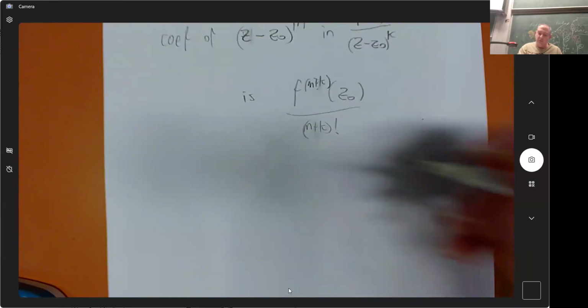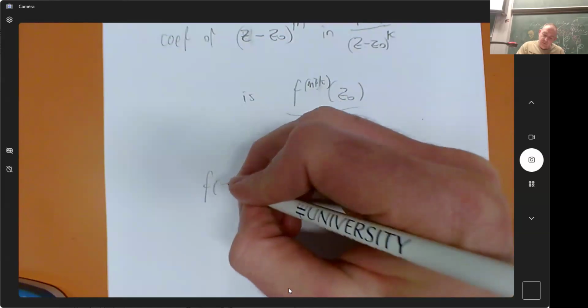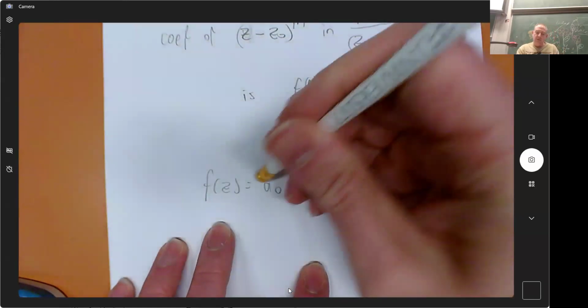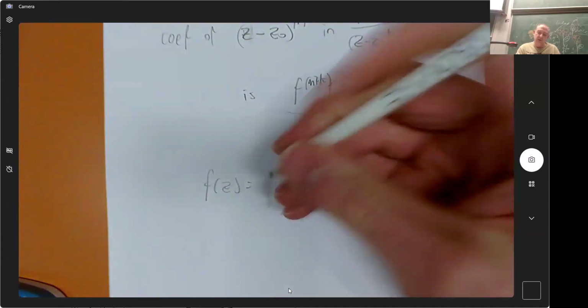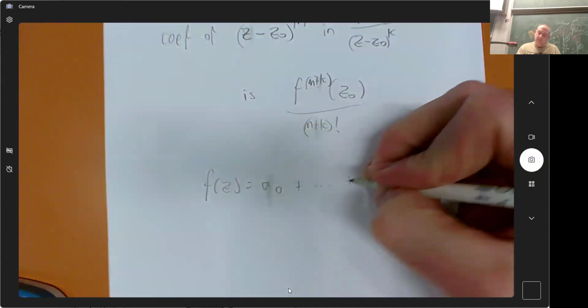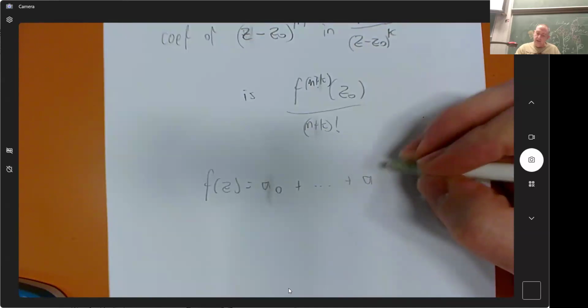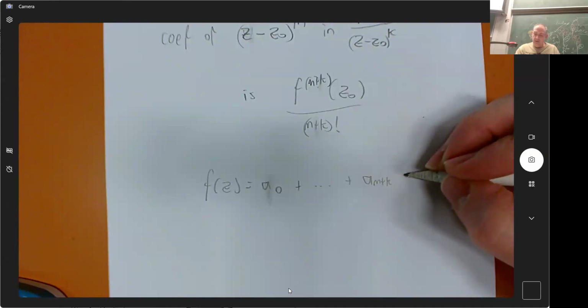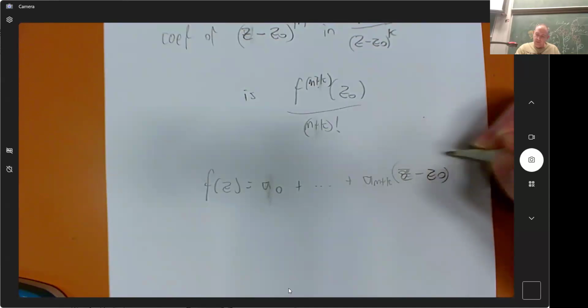So just to be absolutely certain, f of z will be the sum of a m plus k, z minus z naught to the m plus k.